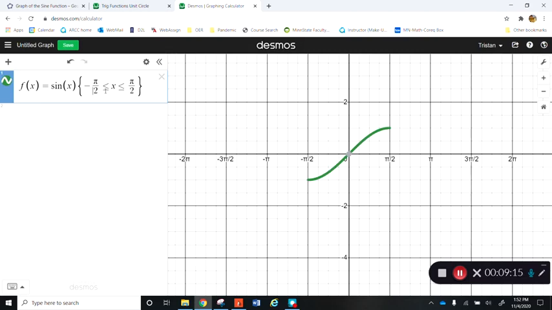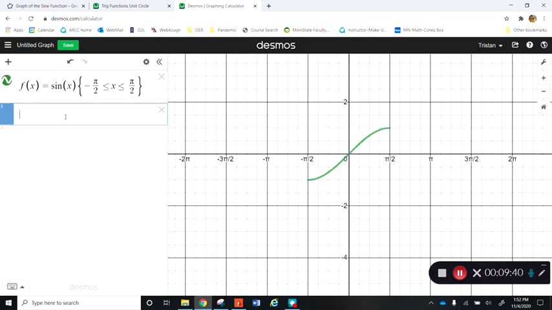We could have done positive pi/2 to say 3 pi/2. That's also one-to-one, but it's just less convenient because it doesn't involve those acute angles. So we're going with the standard one. And this is standard, this is part of the definition. It's not just that for the sake of this class, I'm picking this interval. This is the interval that defines how we invert sine.